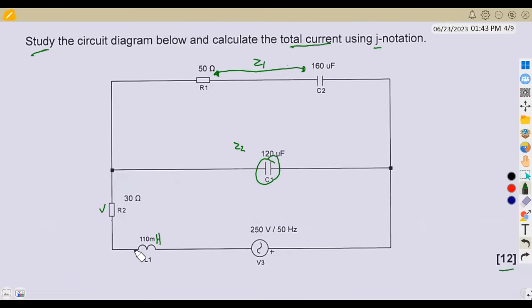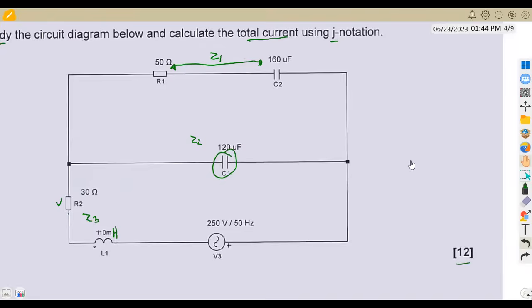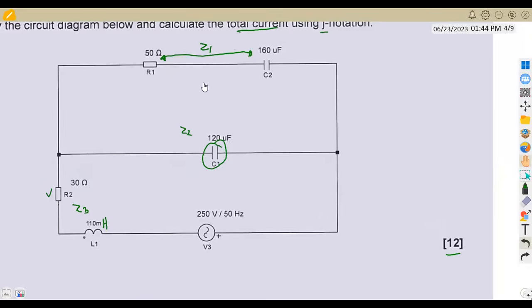We have got R2 and the inductor here, so we are going to have our Z3. Let us first locate our ZP, Z1, Z2, Z3, then check what is happening, because like I said, Z1 and Z2 are in parallel.